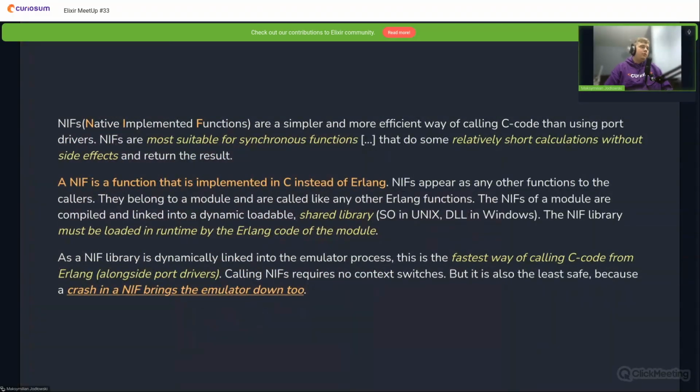Okay, this is going to be very important. As a NIF library is dynamically linked to the emulator process, it's the fastest way of calling C code from Erlang. So this is basically your fastest way of calling C code, if that's what you're looking for. Calling NIFs requires no context switches, but this is very important: it's also the least safe option, because a crash in a NIF brings the entire VM down.